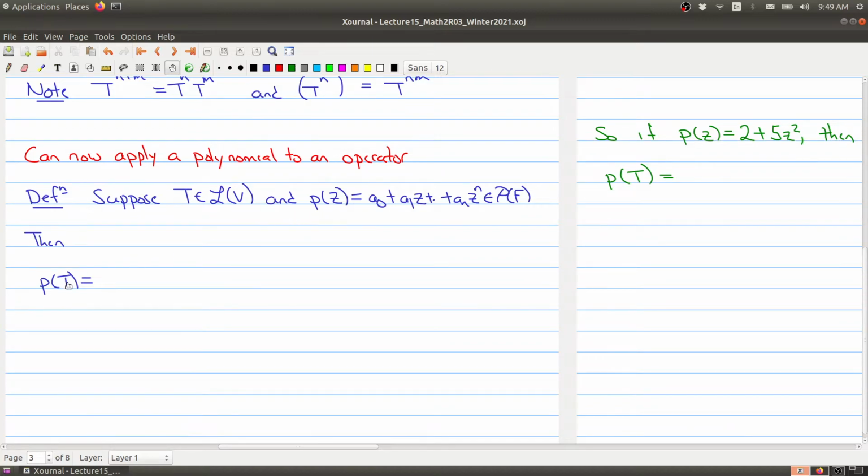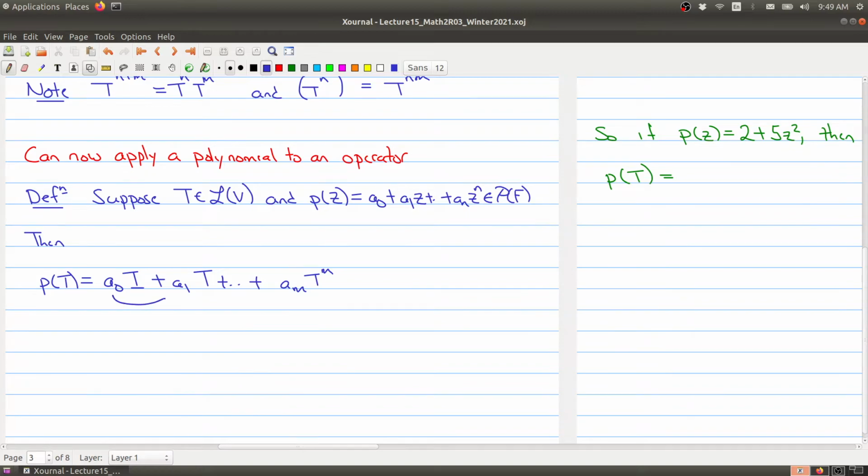Then we can take this linear operator and, in some sense, plug it into our polynomial. And what we get is an operator of the form a0 times the identity plus a1 times the operator T, all the way up to am times T to the m.